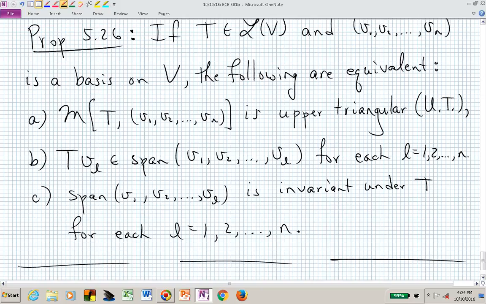Then we are not necessarily scaling anything per se, but we're saying that if this span is invariant, then when we hit it with T, anything that's made up of these L vectors is going to return to some other linear combination of those L vectors. It's invariant. It goes right back into those L vectors. Meaning, if we started with a vector in the span of V1, and operate on it with T, then the only place we can go is V1 or some linear combination. So now we're on that line.